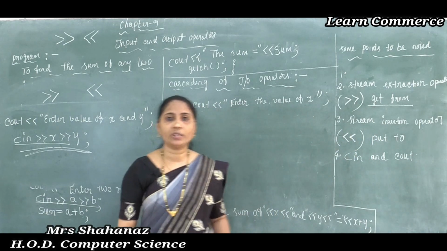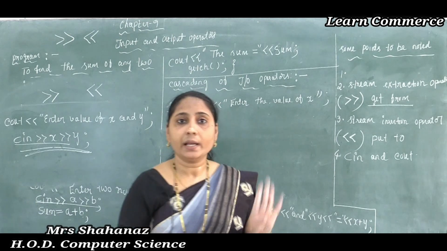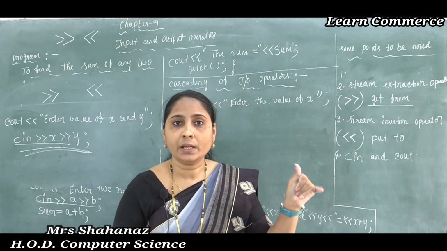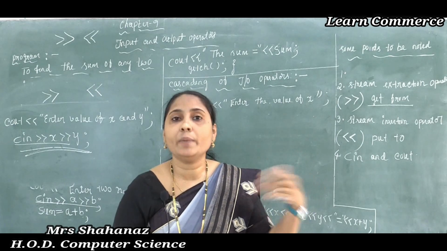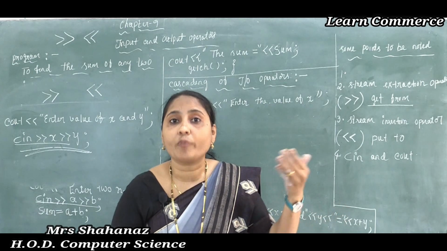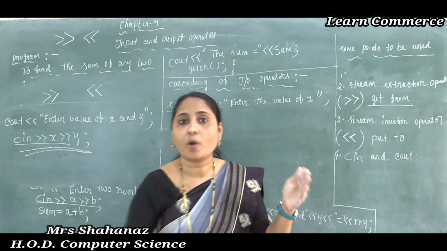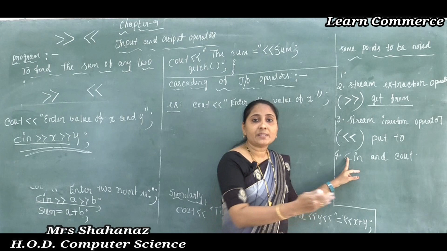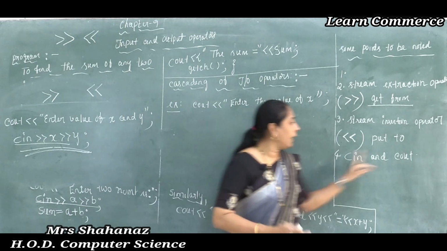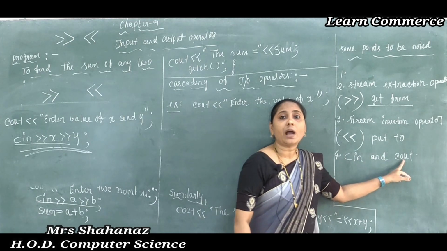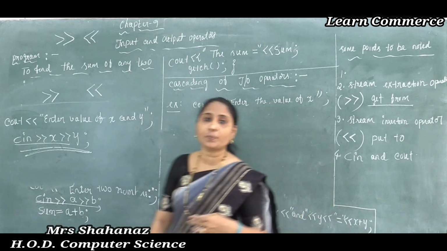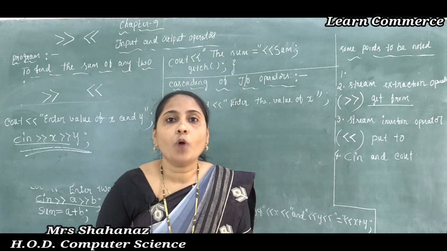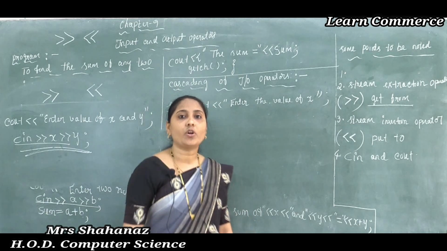As we know, cin is C-I-N and cout is C-O-U-T. The meaning of cin is that it takes the input. And cout displays the output, or the text present inside the double quotes is displayed on the output screen, that is the monitor.